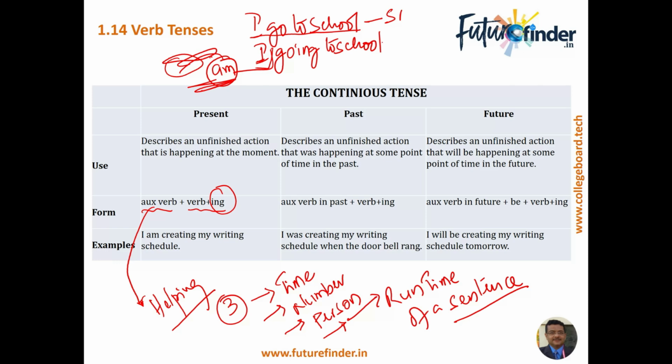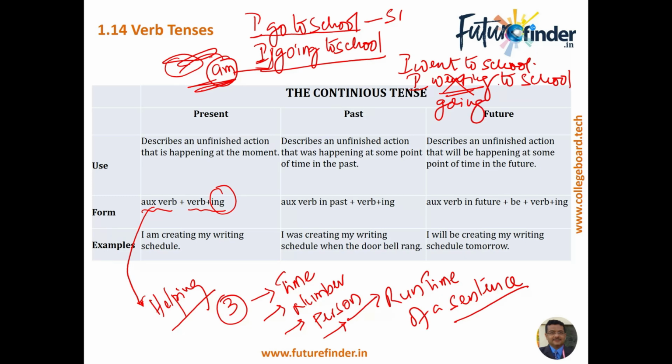What happens when we transform this into the past tense? So I go to school becomes I went to school. But when it comes to this sentence, we get stuck because the past continuous should be I wenting to school, but there is no word called wenting. So I'm forced to write it again as I going to school, right?